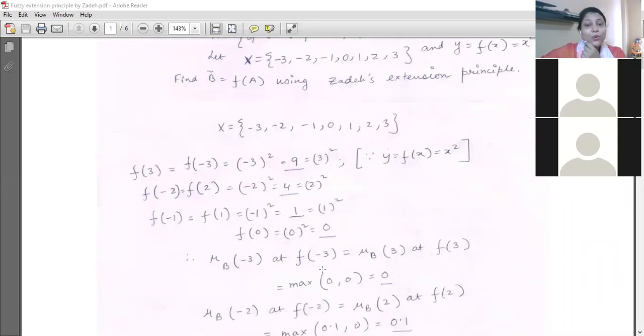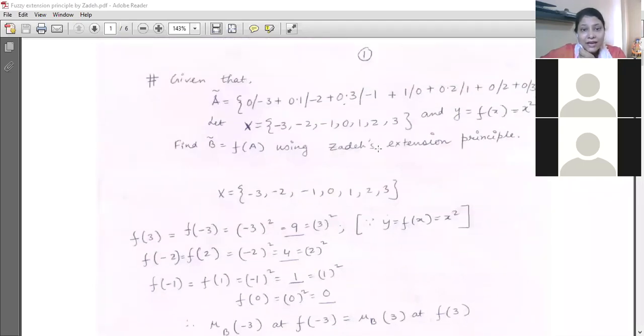Now, if you go further by following this particular process, then you also have to find out the new degree of membership which is associated with the linguistic variables -2 and +2 as well. Then if I again go back, you can see that here you will have the degree of membership 0.1, which is associated with -2, and you will have 0, which is associated with +2.